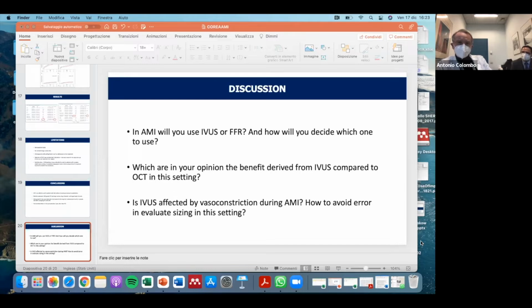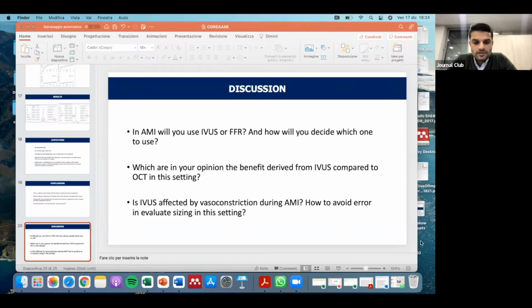I will use OCT or IVUS, one of the two, depending on the experience. But again, I will not use them routinely, even if this study seems to state that they should be. I believe that this study has some unknown confounders which are not clear from the statistical analysis.